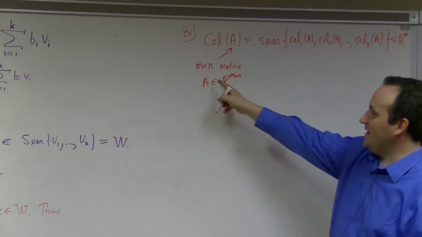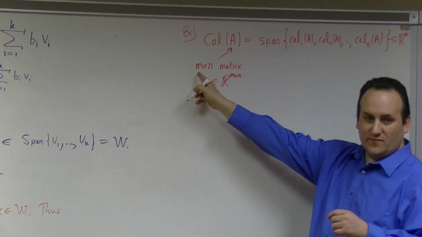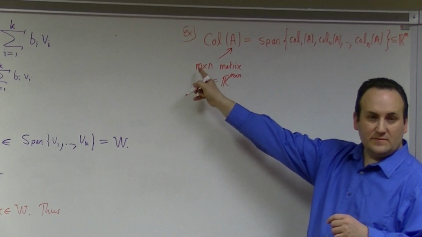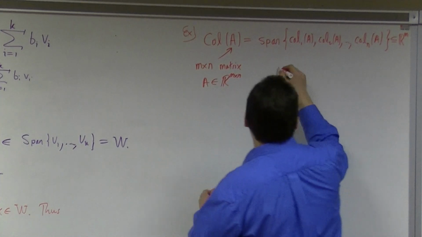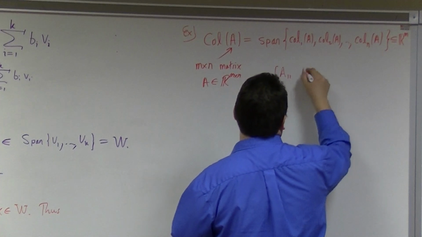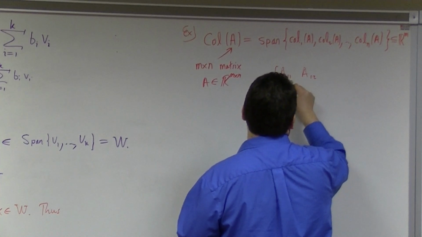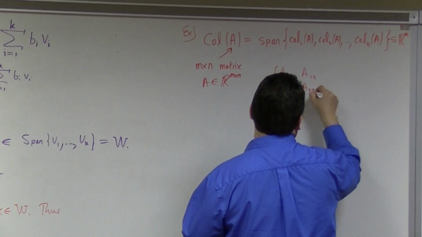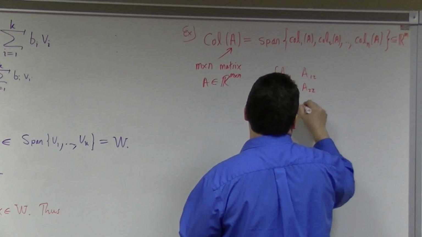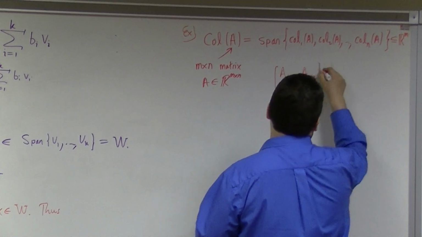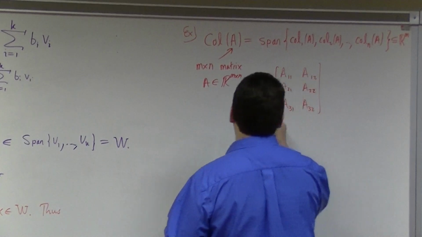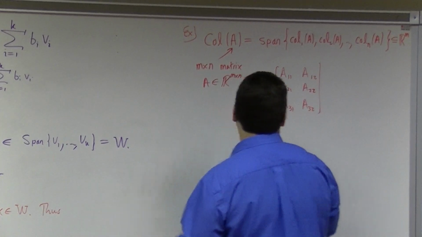If you have an m by n matrix, that has m rows and n columns. So for example, if I had a11, a12, a21, a22, a31, a32, this would be a 3 by 2 matrix, right?